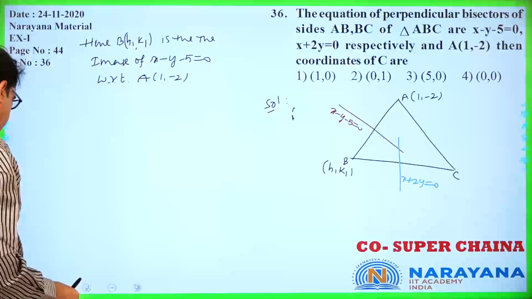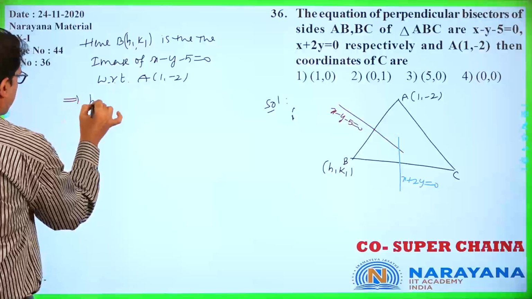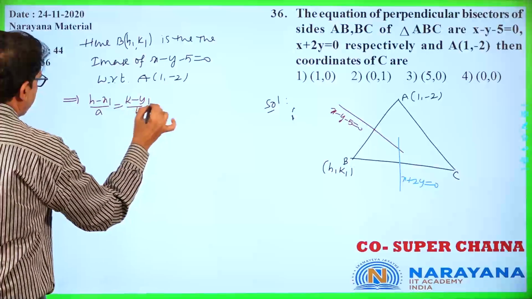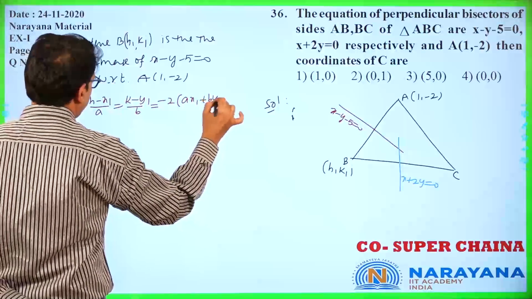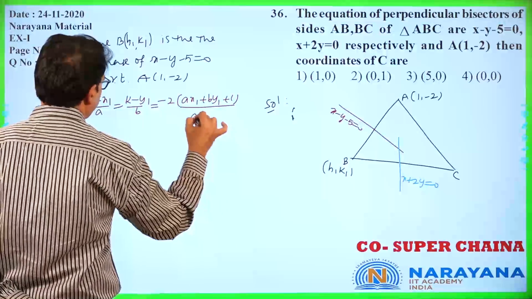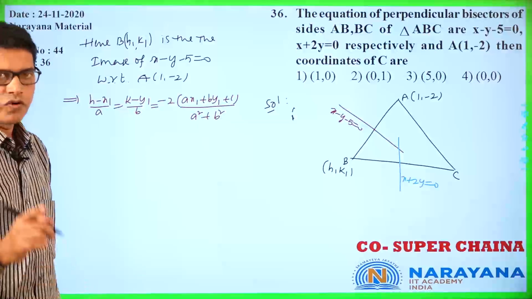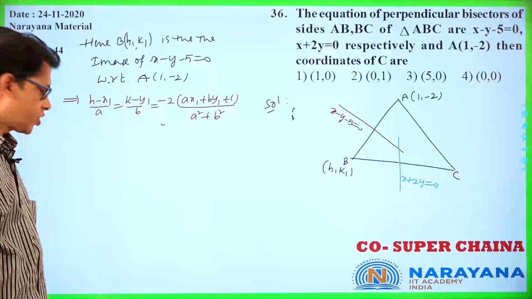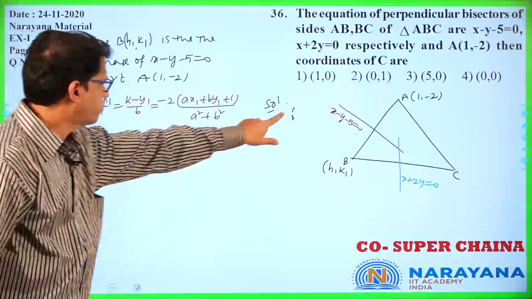Write the formula of the image: (h minus x1) by a equals (k minus y1) by b equals minus 2 times (a x1 plus b y1 plus c) upon (a square plus b square). This is the formula to find the image. For the foot of the perpendicular, it is only minus 1; for the image, you have minus 2.